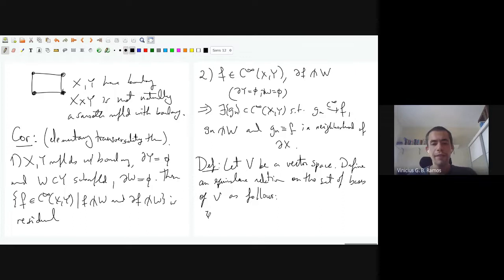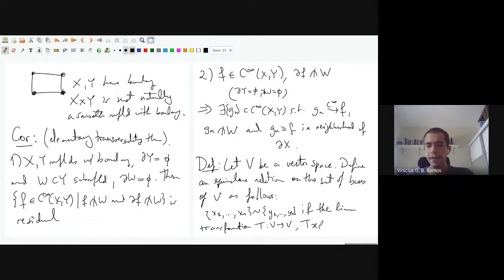We say that two bases, x1 to xn and y1 to yn, are equivalent if the linear transformation T that goes from V to V, that takes xi to yi, has positive determinant.